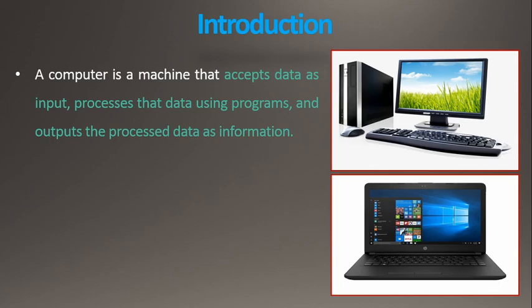These computers are used to save the data as well as to process that data, and it gives the processed data as information. So just remember the definition of computer: it is an electronic machine which accepts data, processes the data and gives that information as an output.